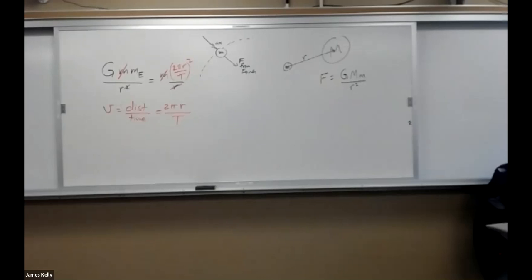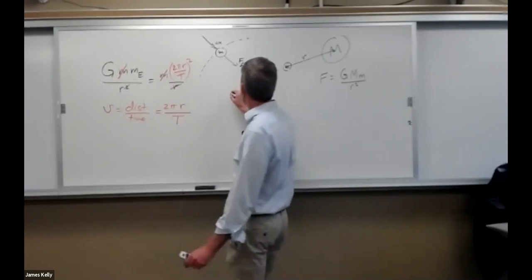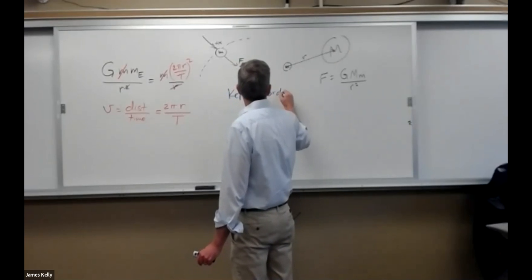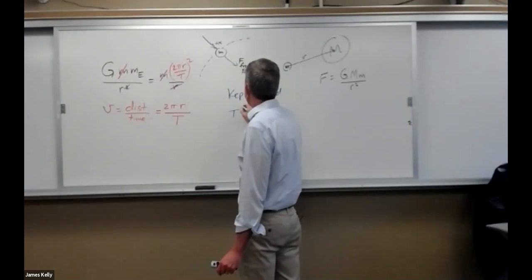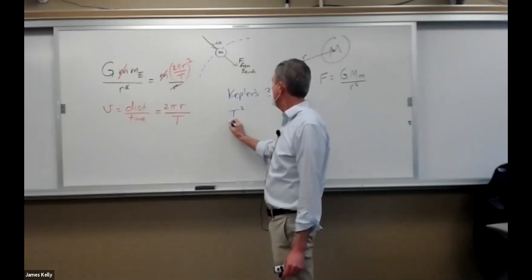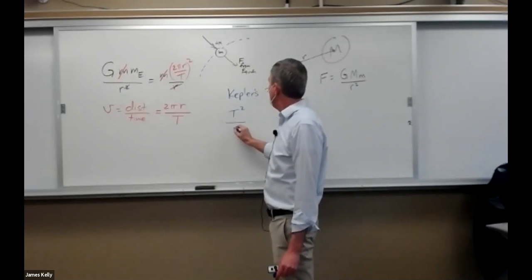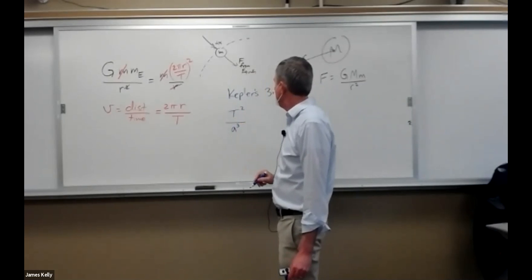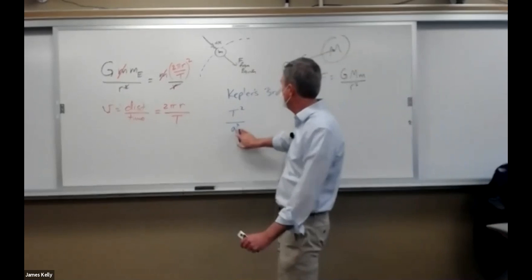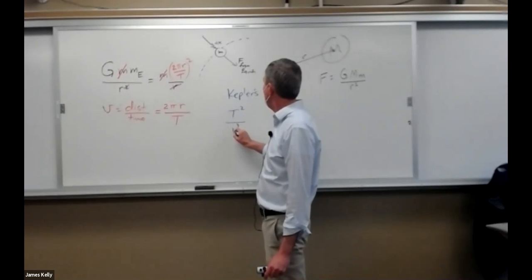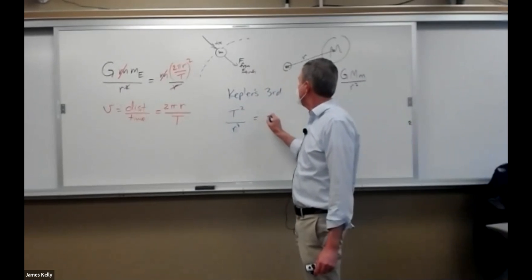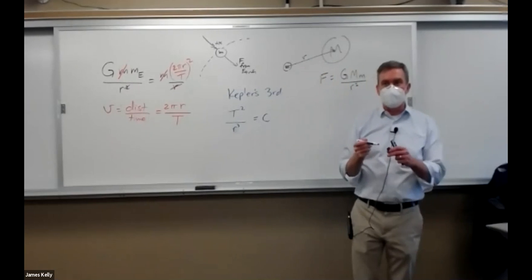So if we go back to Kepler's third law, it said, if you take the square of the orbital period of any planet orbiting the sun, divided by the cube of the semi-major axis length, which for circular motion is just the radius, so for our case we could just call this r, that's going to be the same for any planet in the solar system.